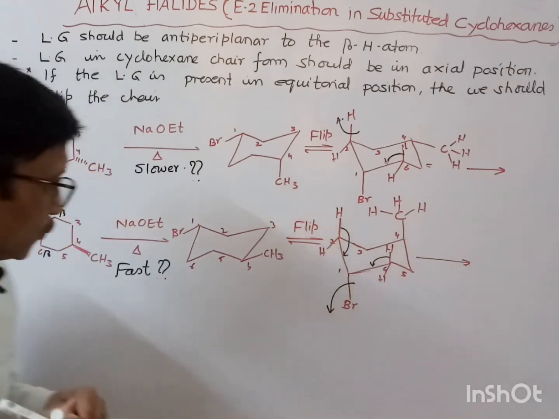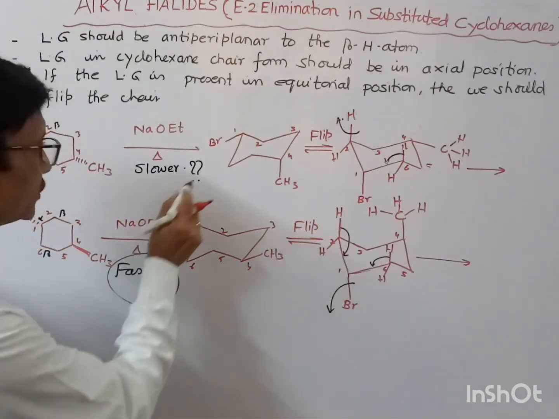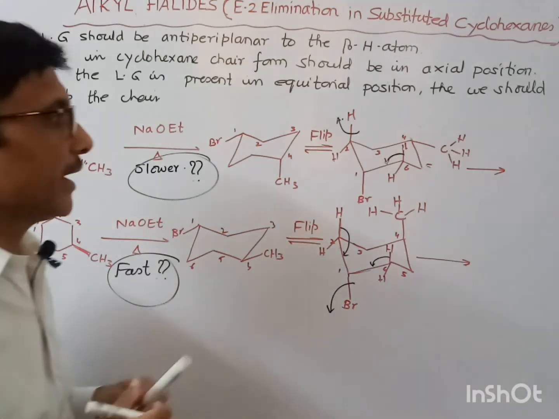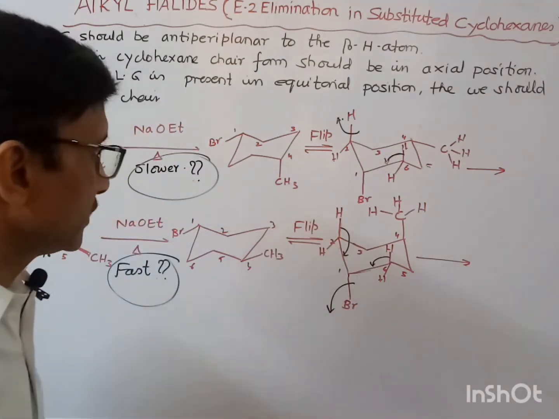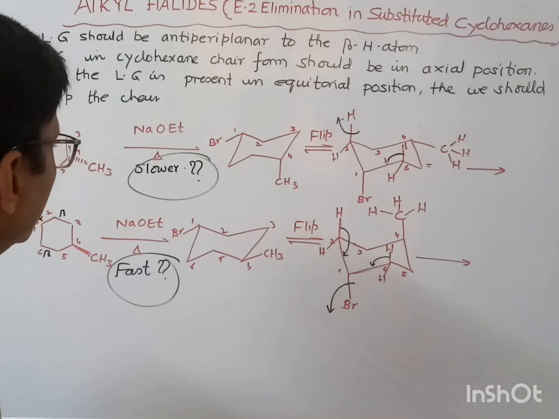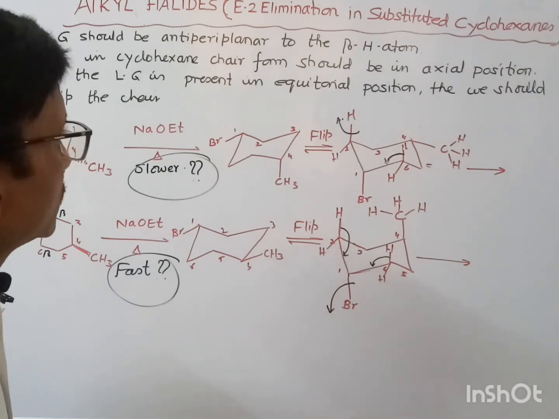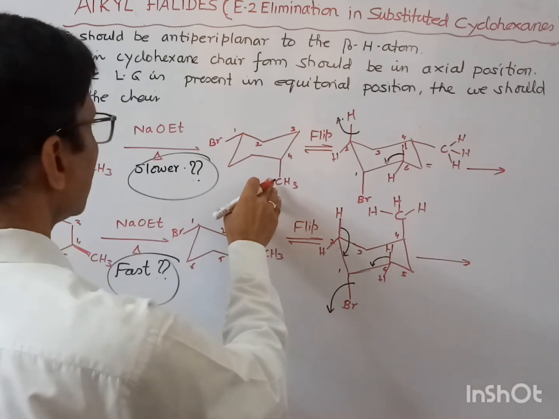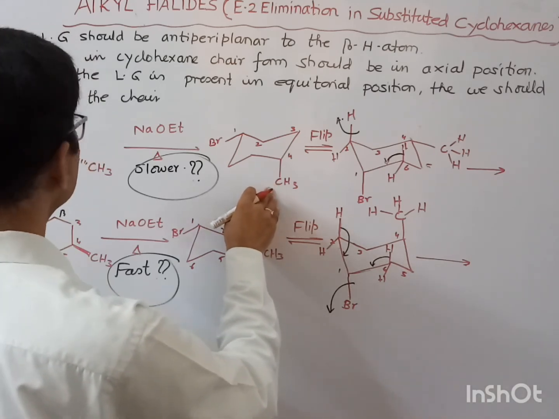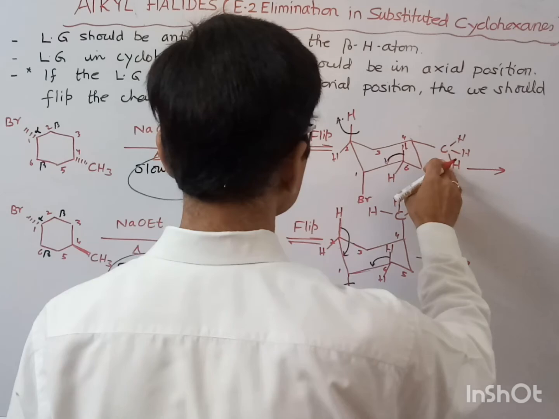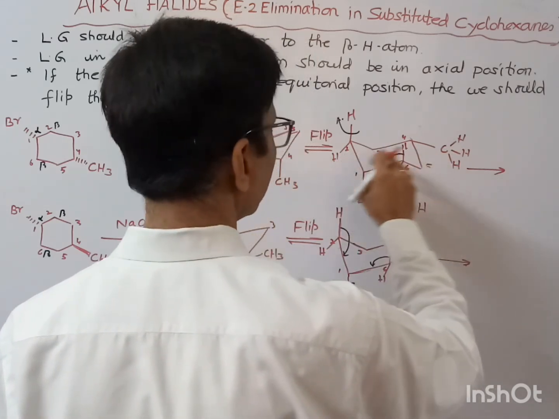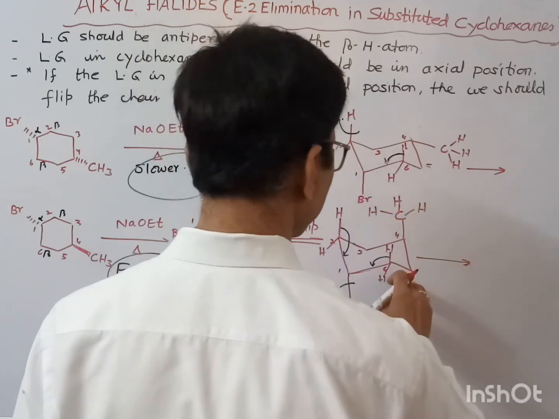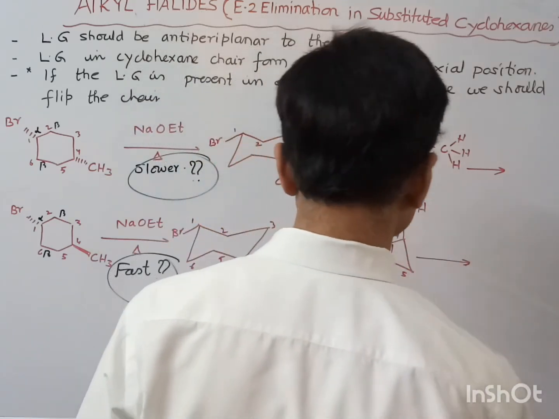But what I have told you, this reaction is fast, this reaction is slow. Reason is this. In this structure, this is going below, and that's why at fourth position after flipping, this is going below, this is at upper position.